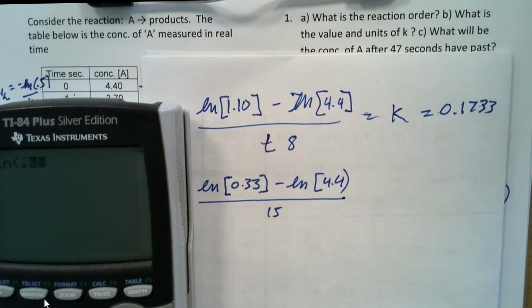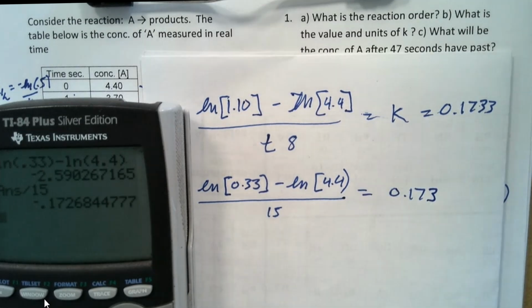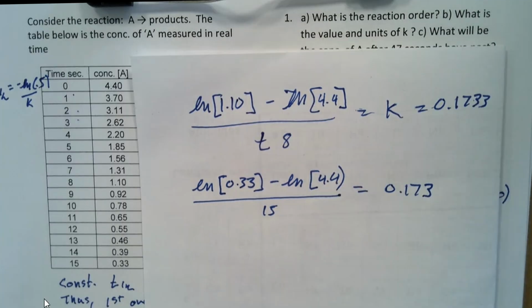Natural log 0.33 minus natural log 4.4. Then I want to hit enter before I divide by 15 seconds. There's a little bit of rounding difference. That's another way we could possibly check and make sure it's a first order reaction.